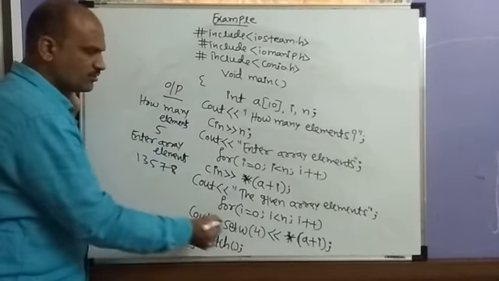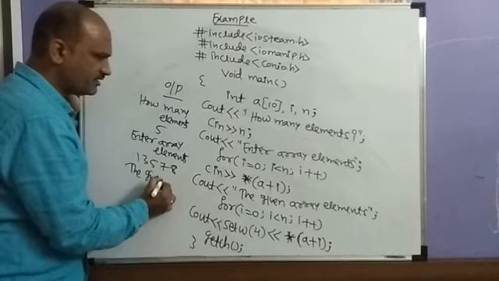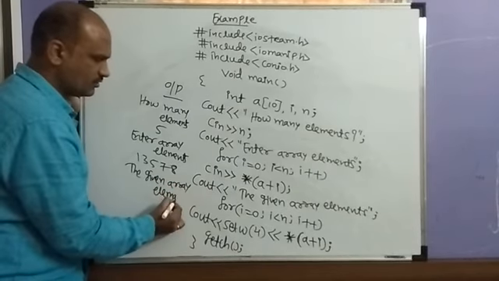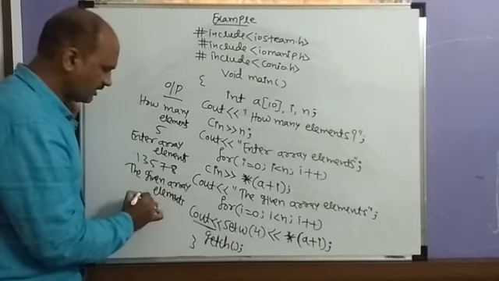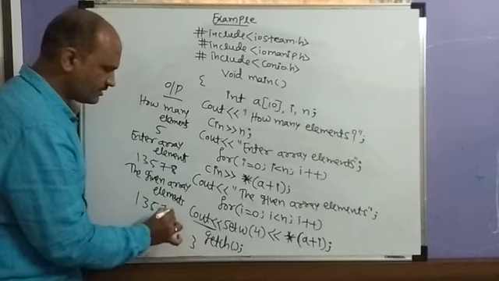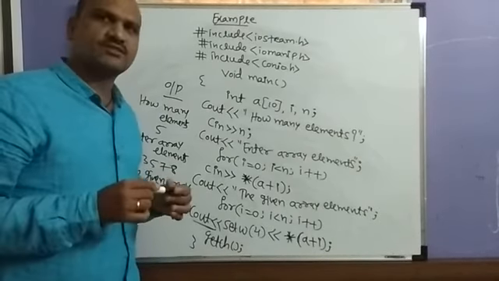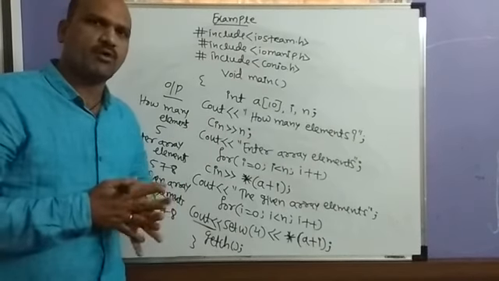Then the given array elements are printed using cout: 1 3 5 7 8. This is the output of the program, using the simple concept of pointers.